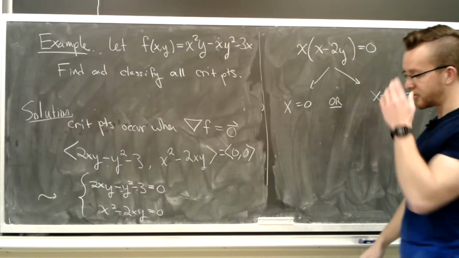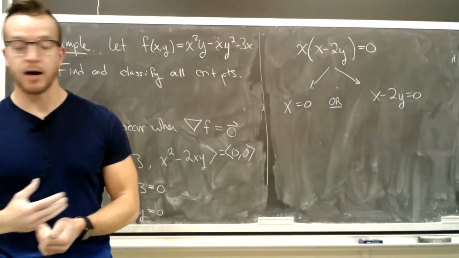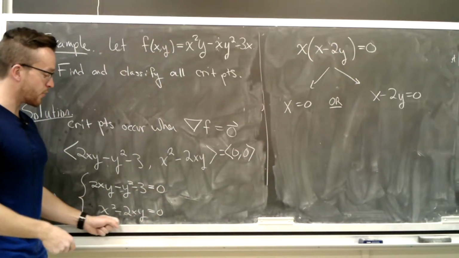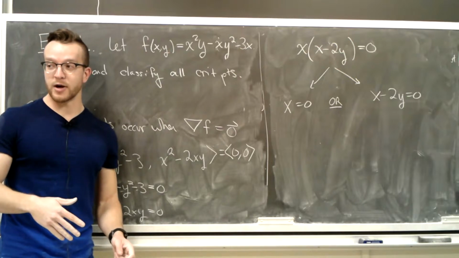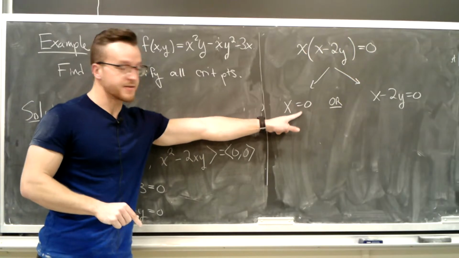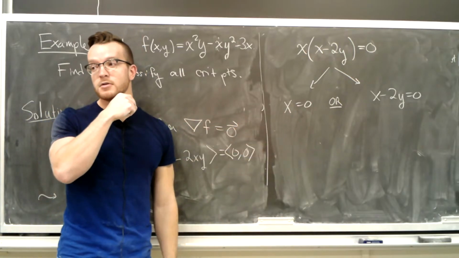The one thing that you have to be careful about when these systems of equations get a little complicated is, for example, it might be tempting to start with this equation and say, oh, I'll just divide through by x or something like that. You can do that as long as x is not 0. And that's a scenario that you have to account for.